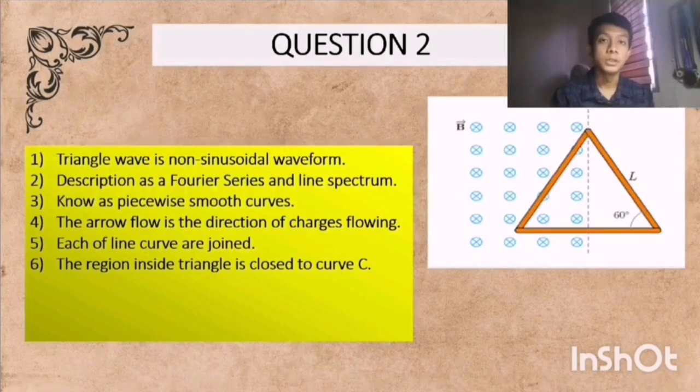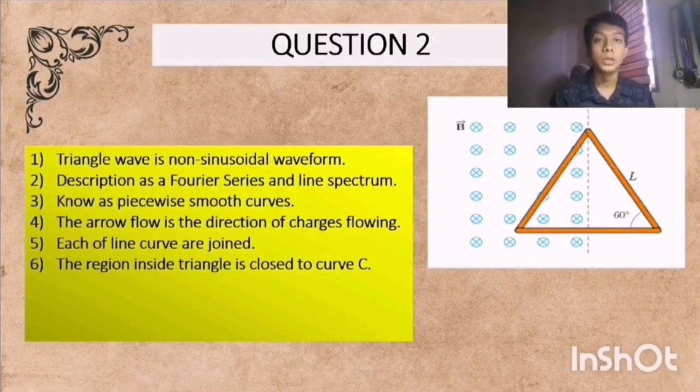In calculus, the triangle wave over the xy plane is known as a piecewise smooth curve because the curve can be extended to a curve form. Based on the graph, the arrow flows to the right along the x-axis. It is the direction of charge flowing. The line with the coordinate of curve 1 is joined to curve 2 and ends with the coordinate of curve 3, with the direction clockwise.